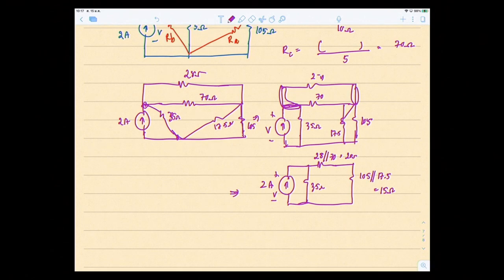So if you simplify it further, with plus minus V and 2 amps, this is 20 in series with 15, and then parallel with 35, which equals 17.5 ohms.